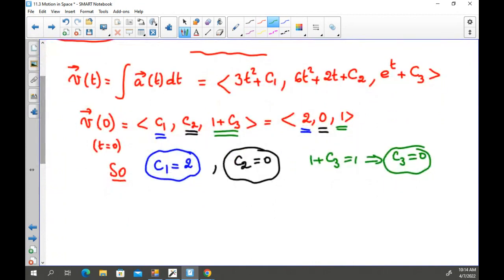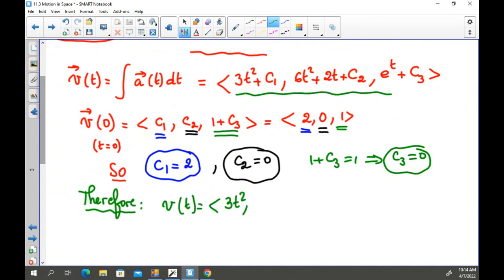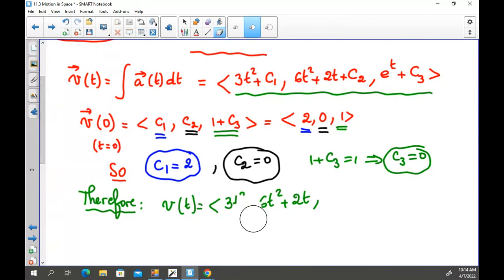So finally, therefore, our velocity will be 3t squared. I go back here. Then 6t squared plus 2t. And then, sorry, C1 is 2, so plus 2 here, of course.